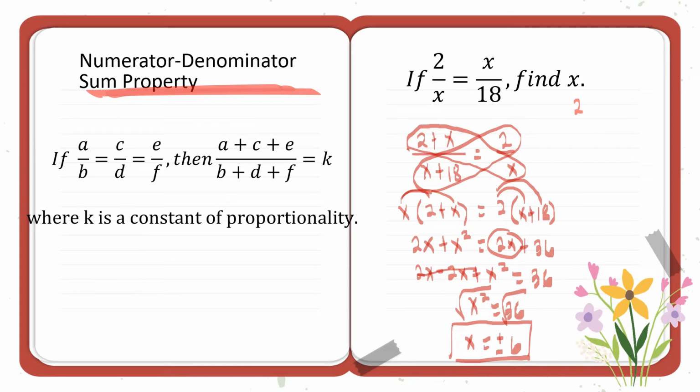When x is equal to 6, 2 over 6, will it be equal to 6 over 18? 2 over 6 in simplest form is 1/3, since 2 and 6 are both divisible by 2. 6 over 18, 6 and 18 are divisible by 6, so 6 divided by 6 is 1, 18 divided by 6 is 3. So therefore, 1/3 is equal to 1/3, so therefore, our answer is correct.